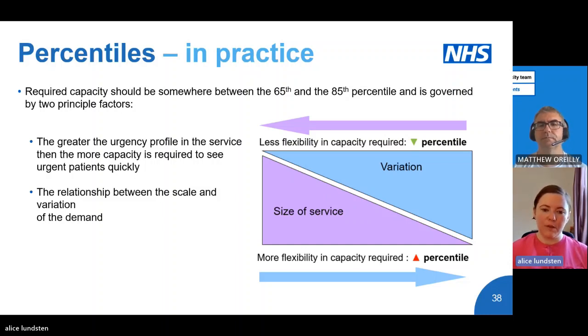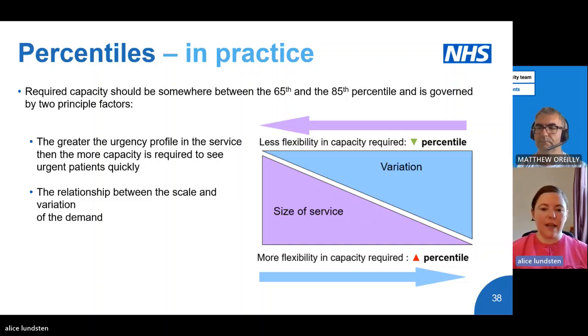So if you've got quite a small service where you're only really expecting to see 10 people, 1 or 2 people not turning up, or 1 or 2 people deciding, actually, I've been worried about that for a while, but I'm finally going to get someone to look at it, will make a huge difference to the overall numbers percentage-wise in your service.